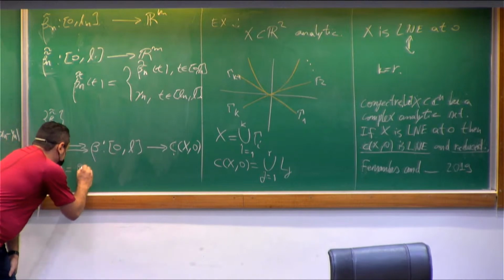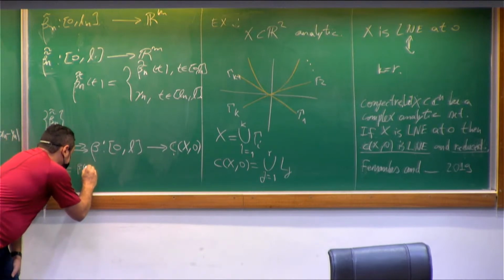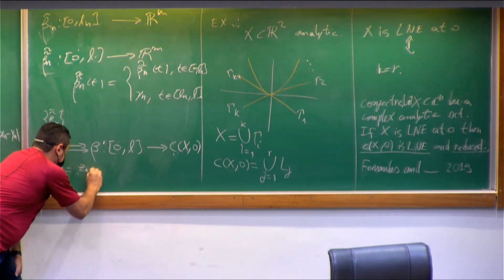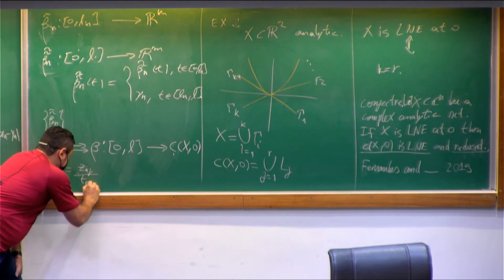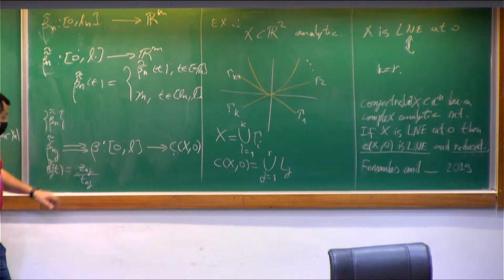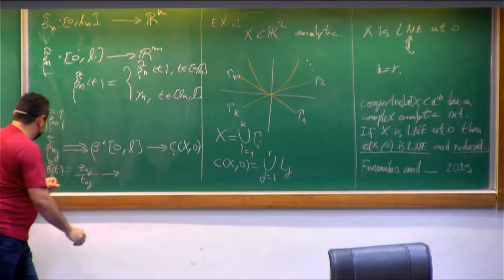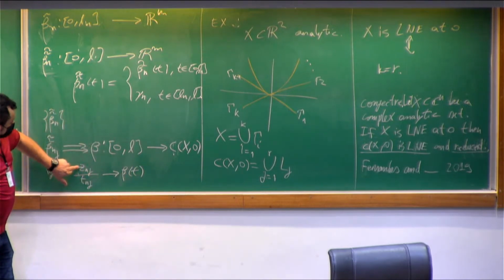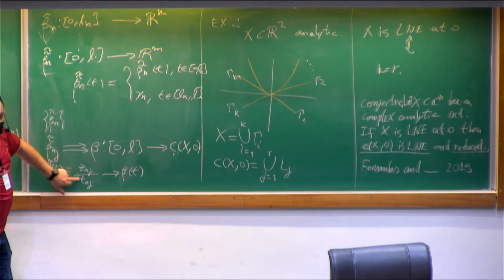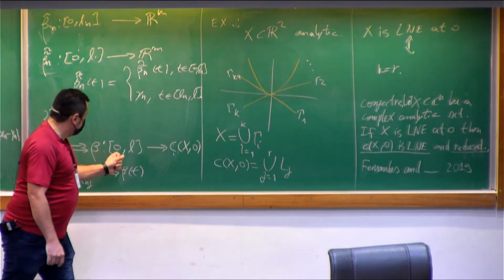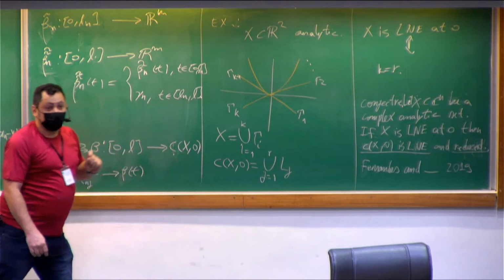So we are dividing a point of x by a positive number, and this is converging by definition to a tangent cone. This is why this guy is from here to the tangent cone. Okay.